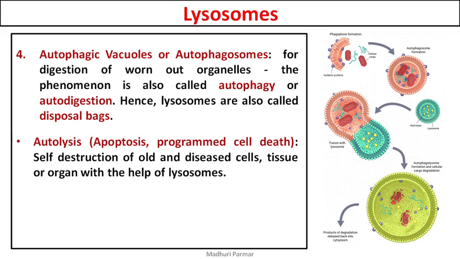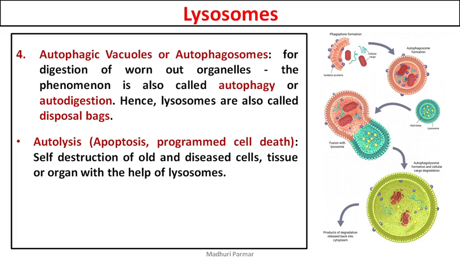Then there is a term called autolysis. Again, same thing, self. Lysis means to break. This is also known as apoptosis or programmed cell death. Ever wondered who decides whether the cell should live for, let's say, 10 years, 8 years, 5 years or more or less?